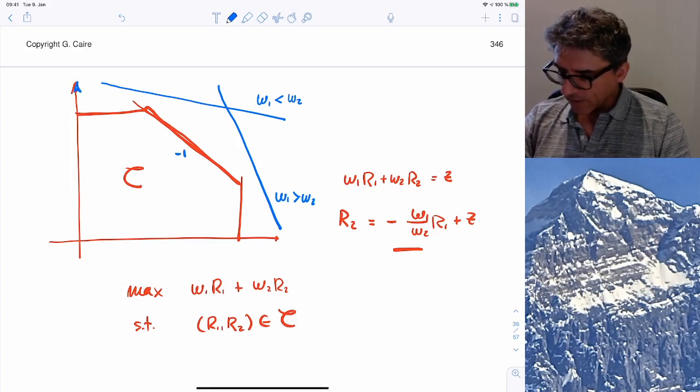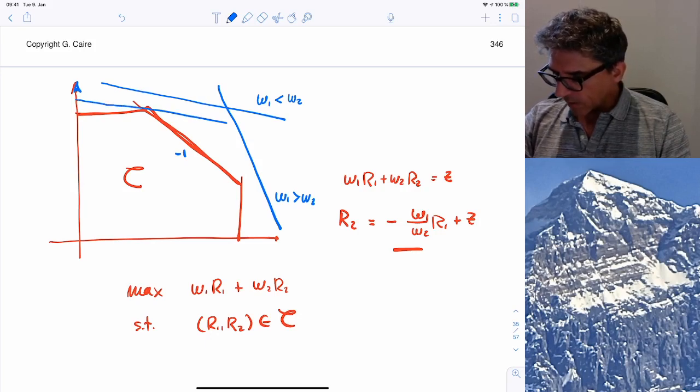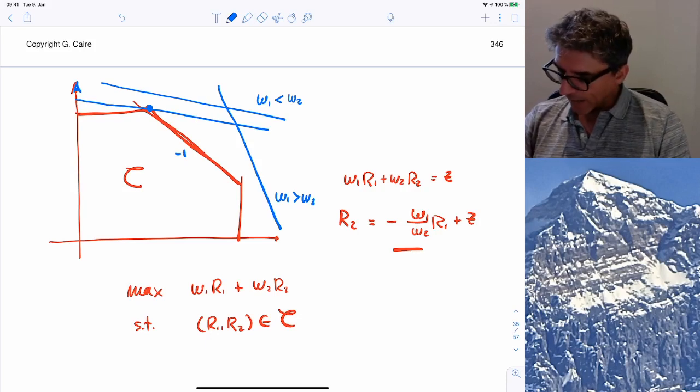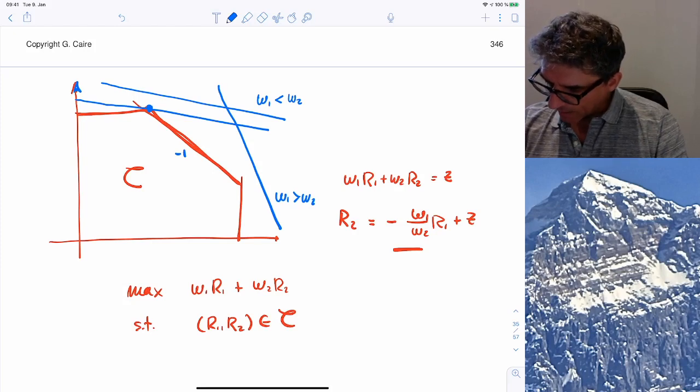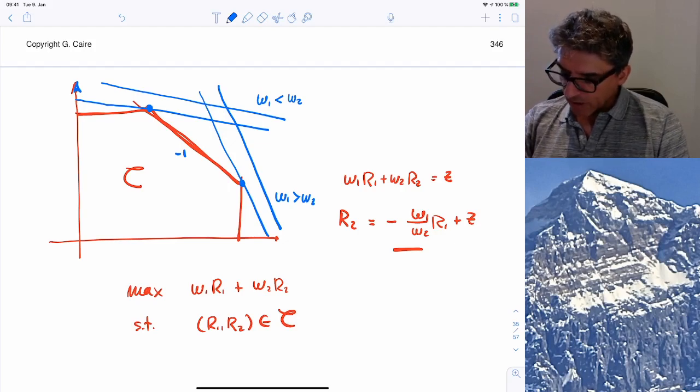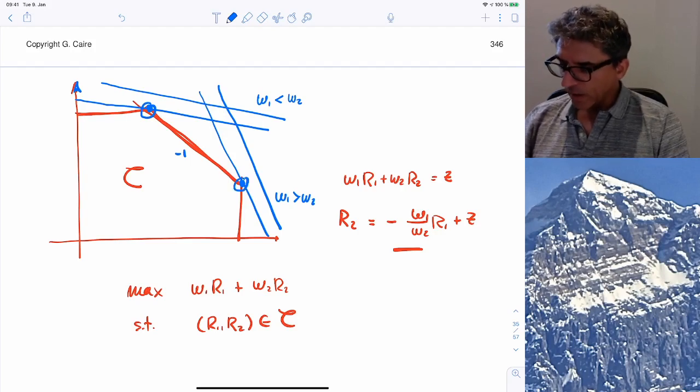You start translating this line until it touches the region, and this is the maximum Z you can get. In the other case, you translate this line until it touches the region, and this is the maximum you can get. So the optimal solution is either in this vertex, when W1 is less than W2, or in this vertex, when W1 is greater than W2.